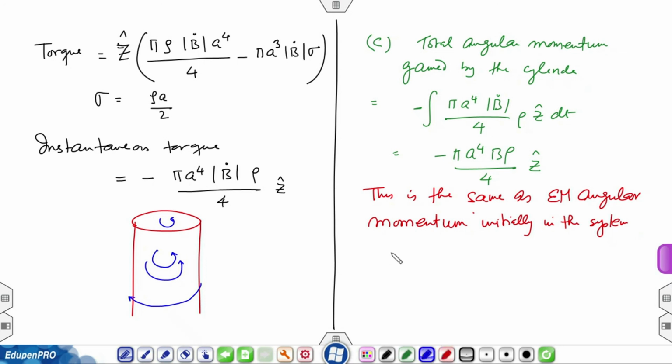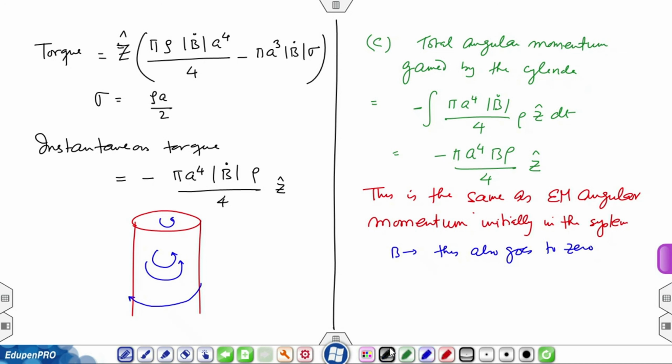And as B goes to 0, this also goes to 0. So, all the angular momentum has been transferred to the mechanical momentum of the cylinder. That is the illustration of all that we worked out earlier.